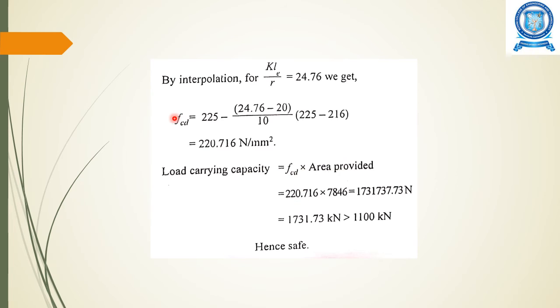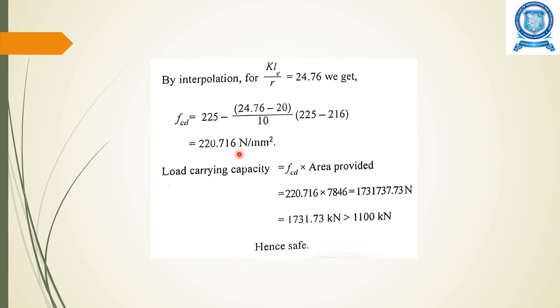FCD is 220.716 and the area provided from the steel table is 7846. That gives 1731737.73 Newton, which is 1731.73 kilonewton. That value is more than the given load of 1100 kN. So the section is safe enough to carry this load.